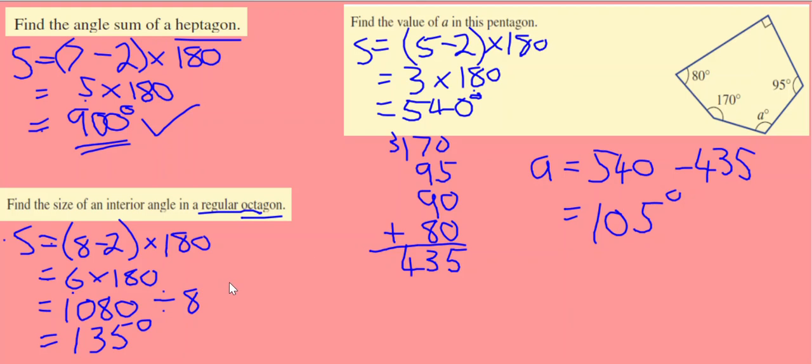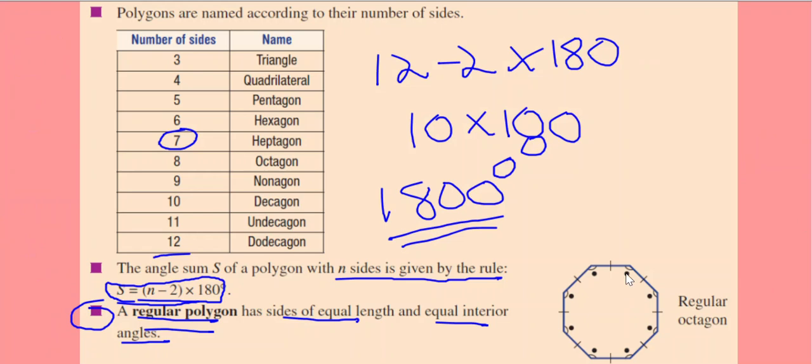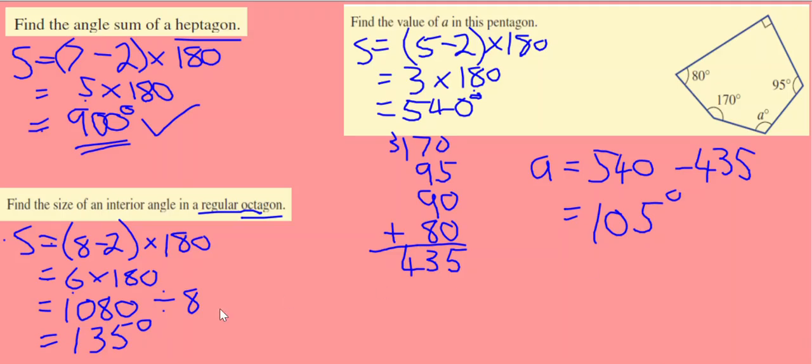Then to find out what one single interior angle is, we've got 1, 2, 3, 4, 5, 6, 7, 8, funnily enough, 8 interior angles of an octagon. So with that answer of 1080, we divide that by 8, and that gives us 135 degrees. Hopefully you got that one as well. So our interior angle of an octagon is 135 degrees.